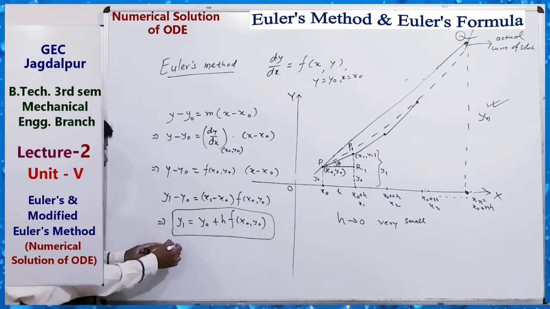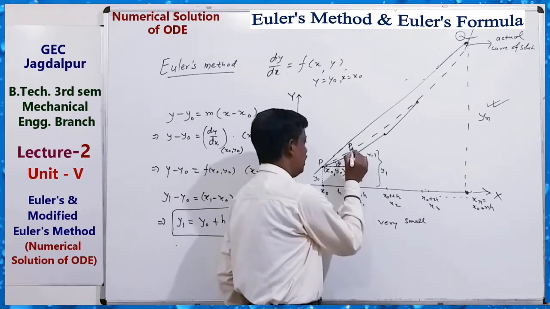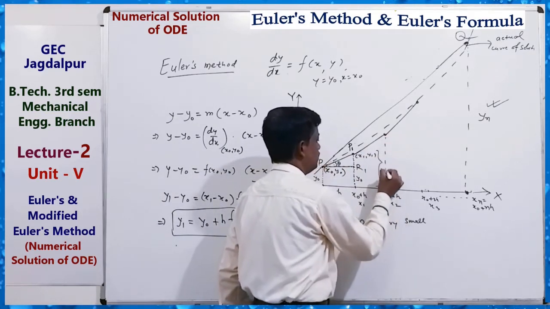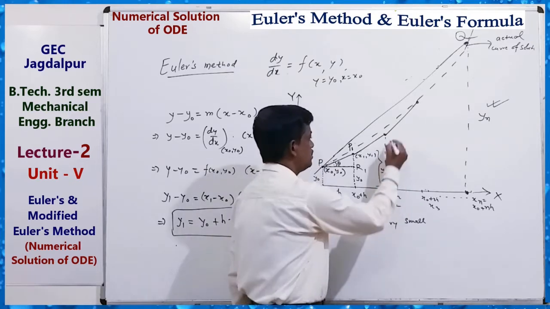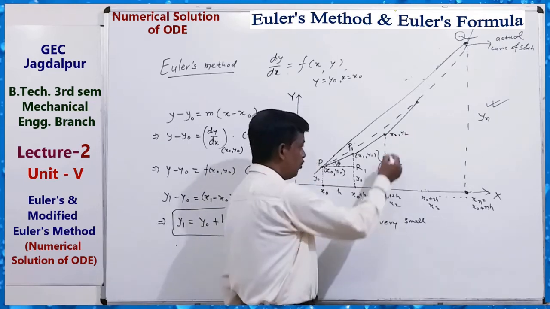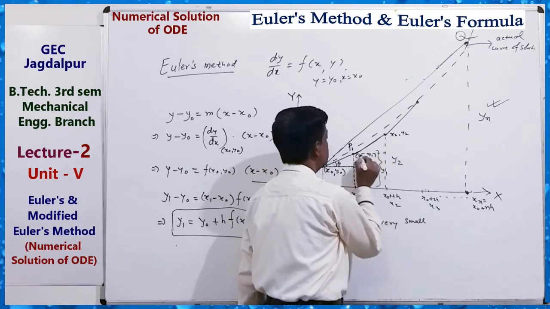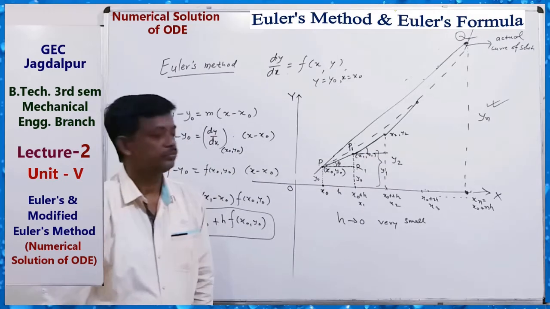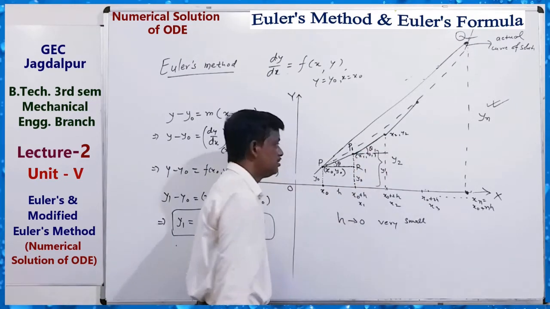For the second approximation, we do the same process at this point. Here also take the tangent. This will be the value of y2, at the point x2, y2. y2 can be found by this tangent. Its slope will be another value, theta 1, suppose.